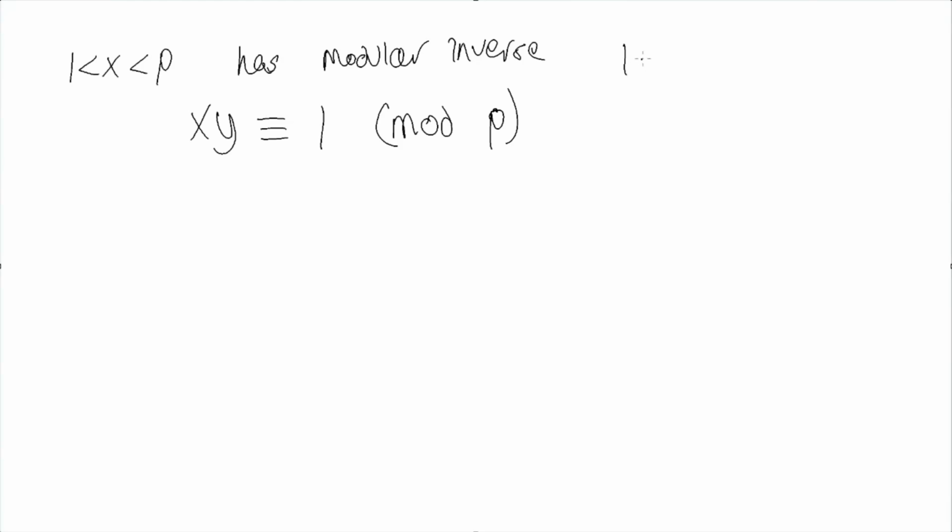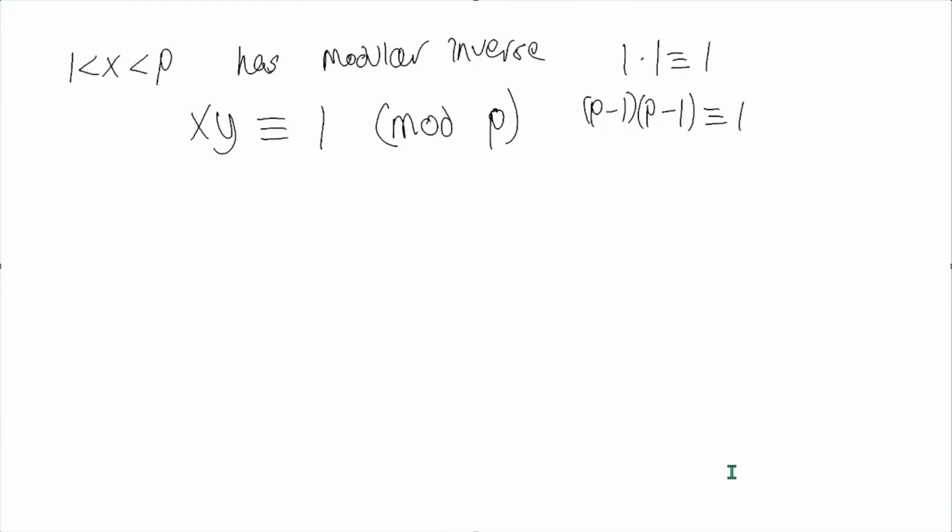So for example, 1 times 1 is equivalent to 1, p minus 1 times p minus 1 is equivalent to 1, and so on and so forth. It's like we're getting rid of all the p's from this product here, and we're taking what's left over.